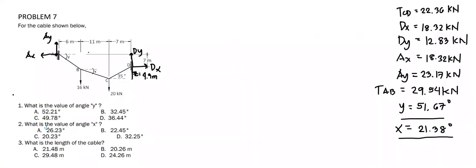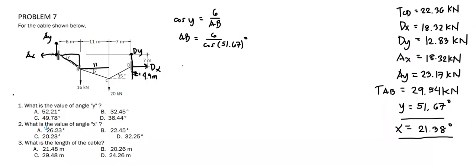Now that we have the values for x and y, I believe we can now solve for problem number 3, that is the total length of the cable. Considering this triangle here, we know this angle is y, and this side is 6. We can determine this length AB by using the cosine function. That is, cosine of y is equal to 6 over length of AB. So AB is equal to 6 divided by cosine of y, that is 51.67 degrees. And for length BC, here we have the length of 11 meters, and this one here has an angle of 21.38.